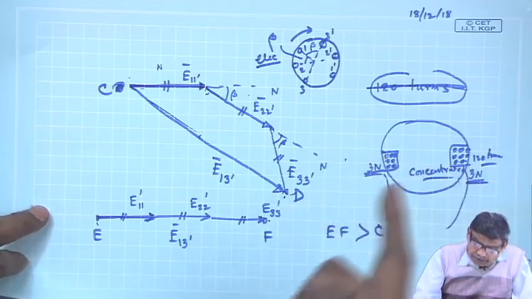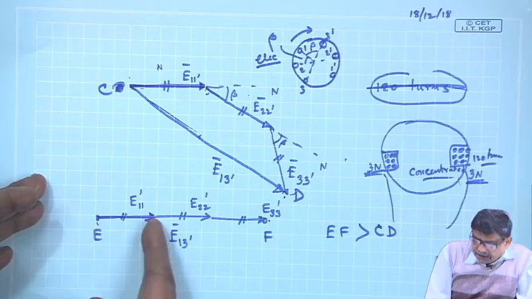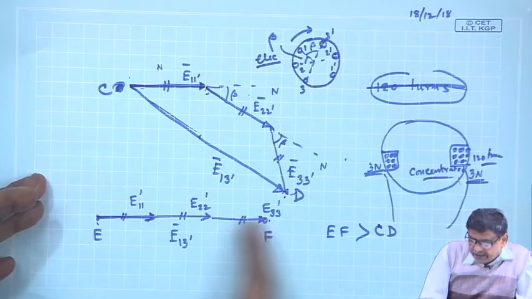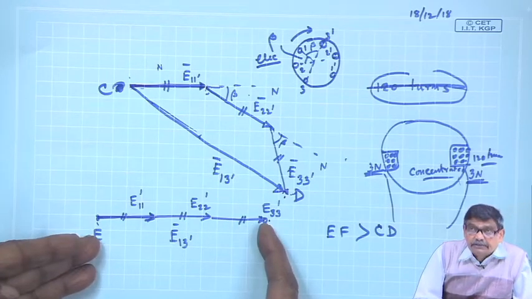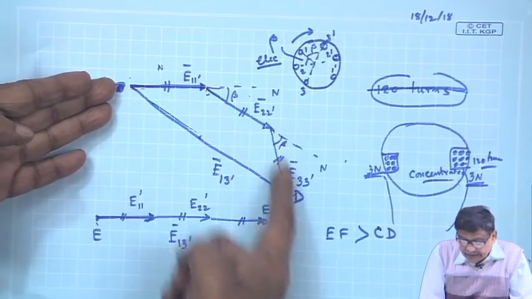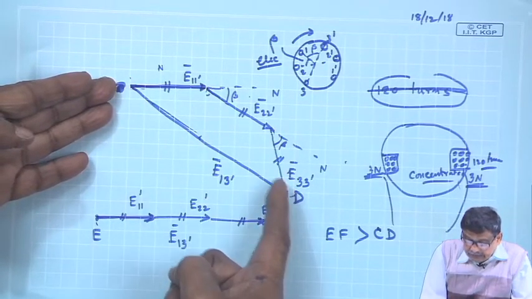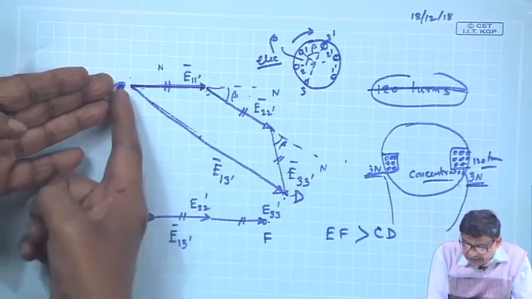If he goes, he will claim that look here, E11', E22' and E33', they are co-phasal and you get maximum voltage compared to this, because the algebraic sum of this plus this is less than this.